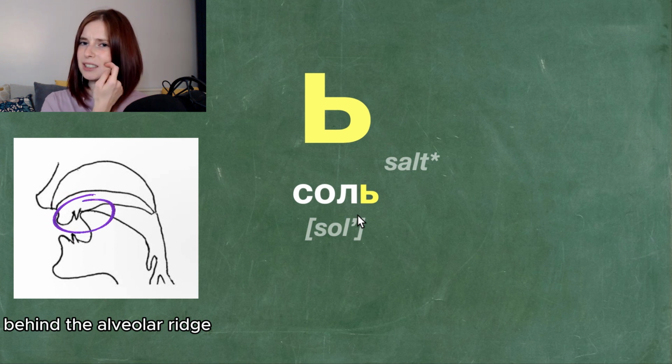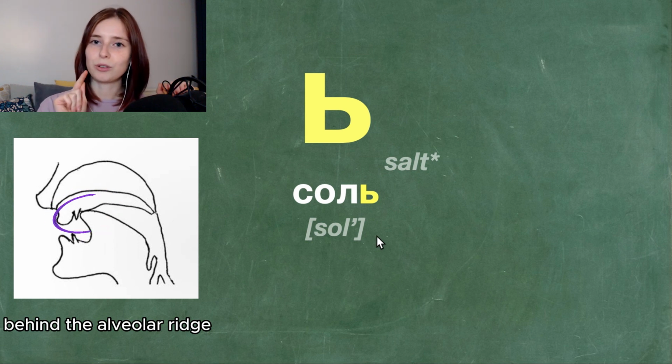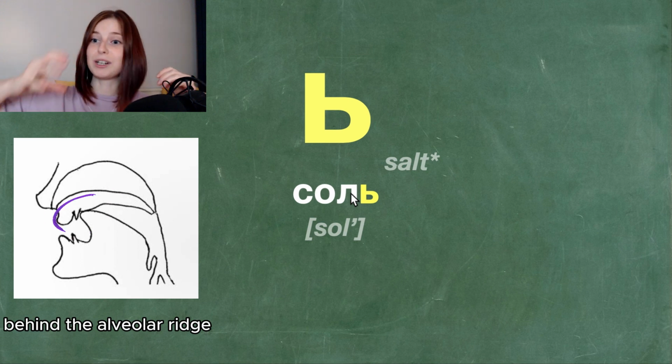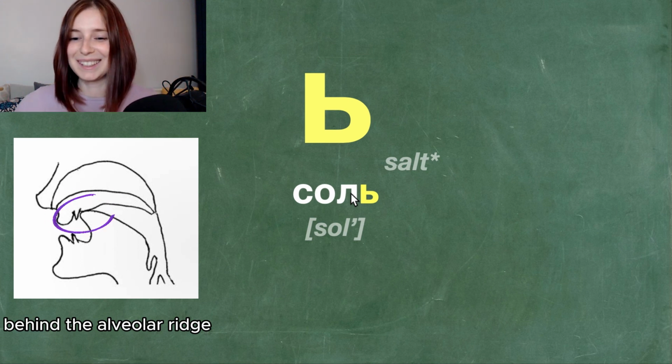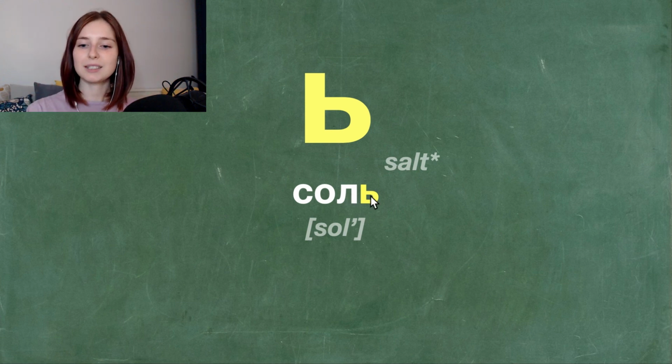You know, we have these things up here, and you basically put your tongue there to pronounce it soft. I cannot grab a camera and put it in my mouth so you can see it, but at least try to hear this. So it just made a soft l, and it means salt. Sol means salt in Russian.